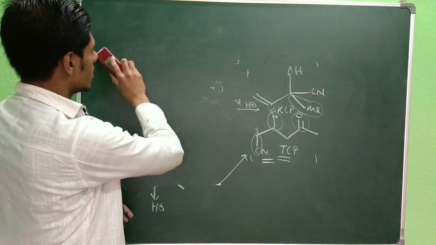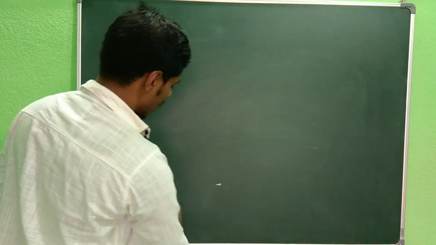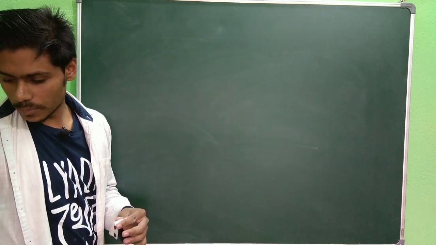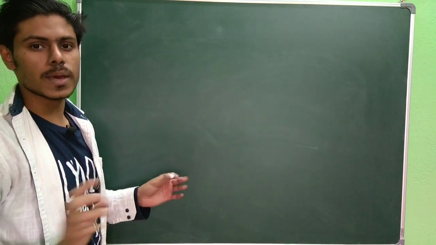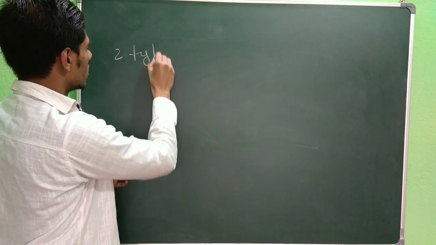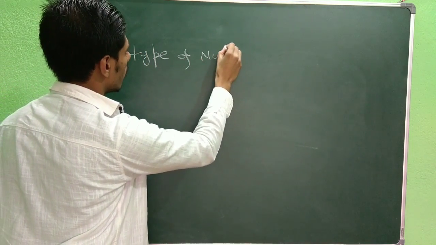Now let us discuss the second important point, that is the type of the nucleophile. What type of nucleophile you are using is a very important factor. So our next point is the type of nucleophile.